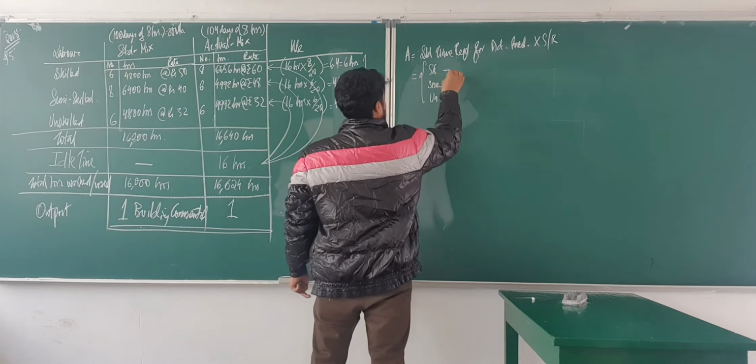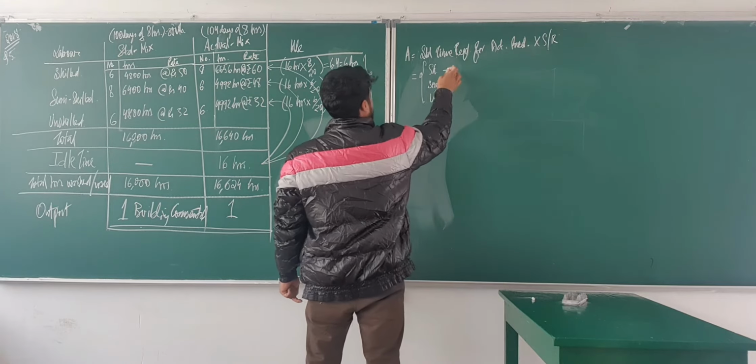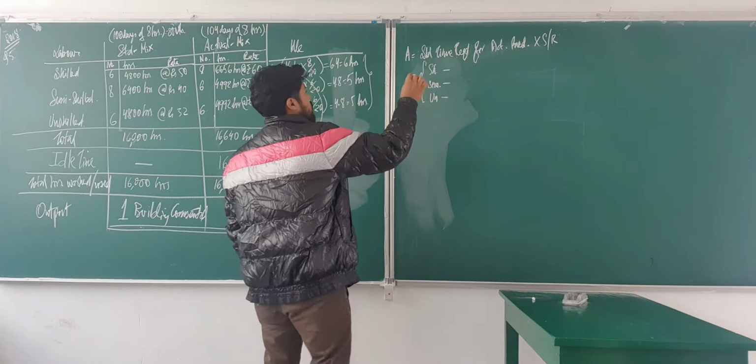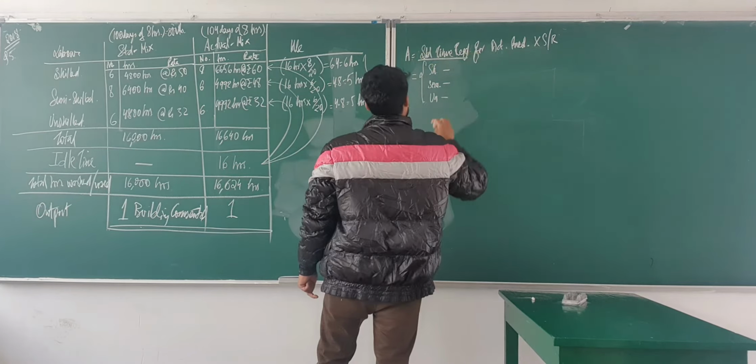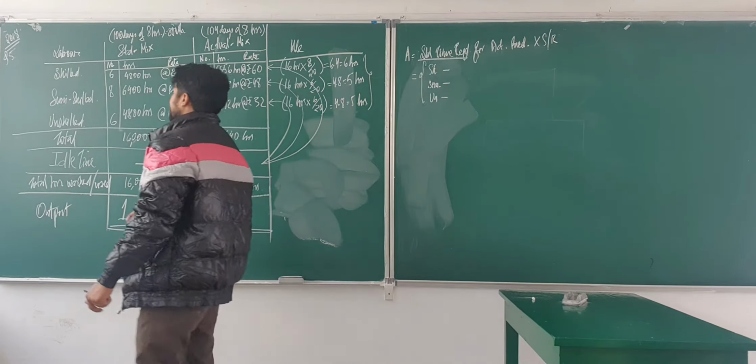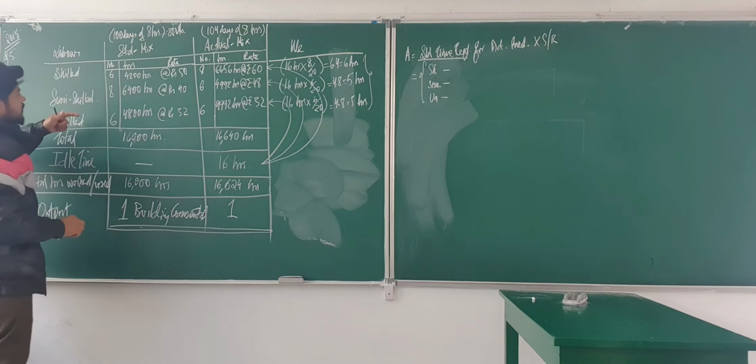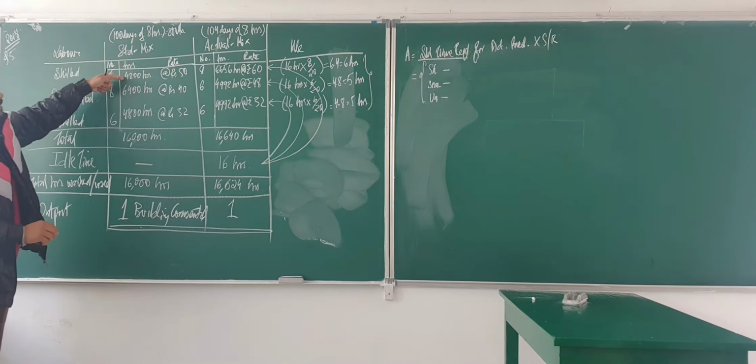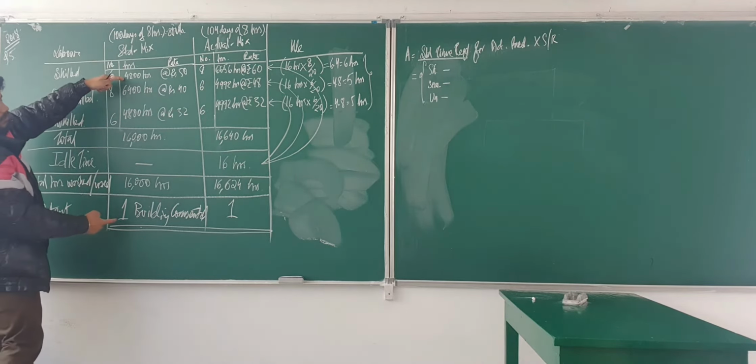Okay, let's see just the skilled part first. So standard time required for skilled is 4,800 hours for the construction of one building. Is this clear?